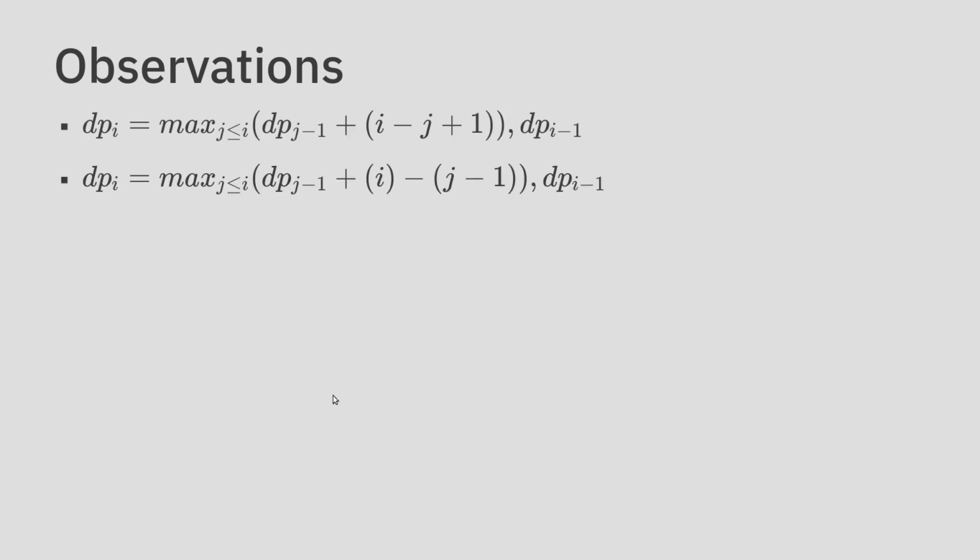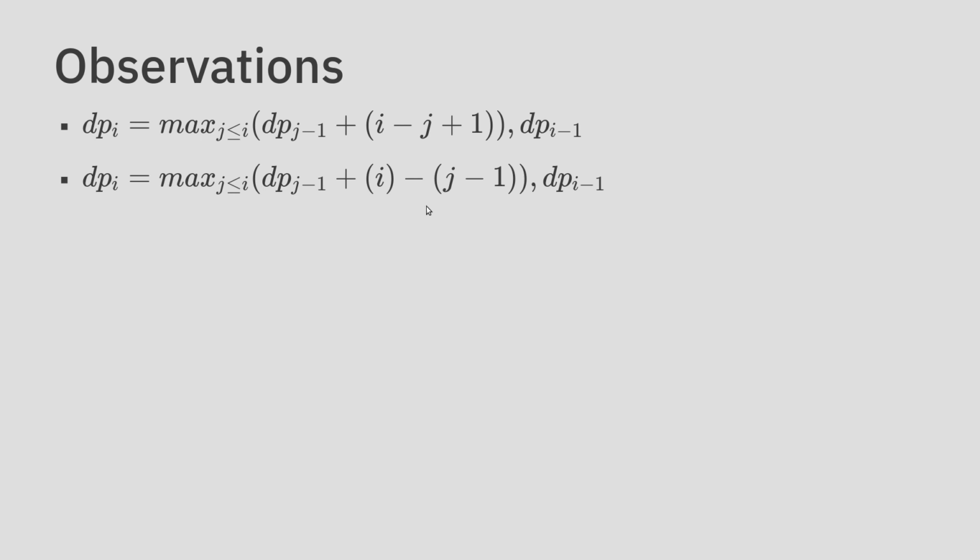Let's try and find out some more insights from the recurrence relation. So this is what we arrived at. Next, what we can do is just rearrange this j minus 1 by separating out the negative sign.